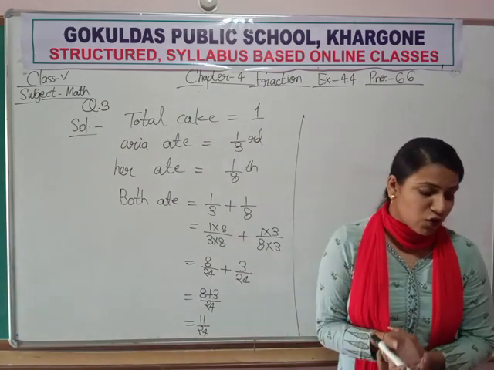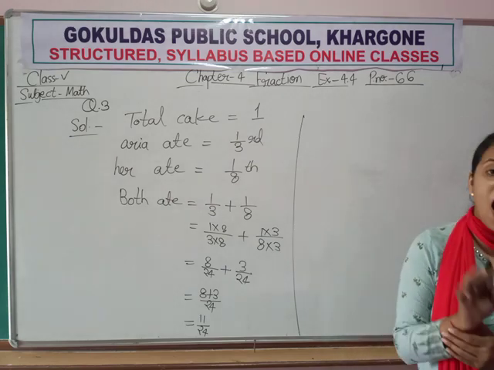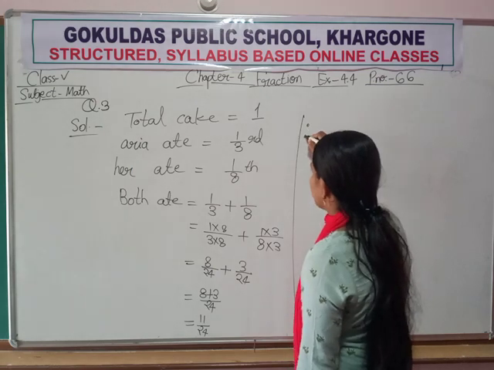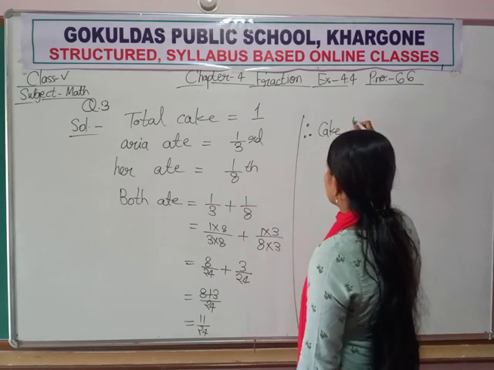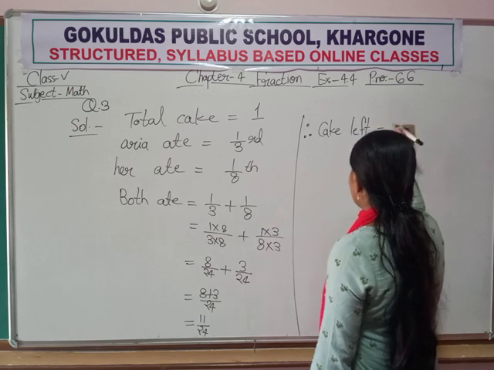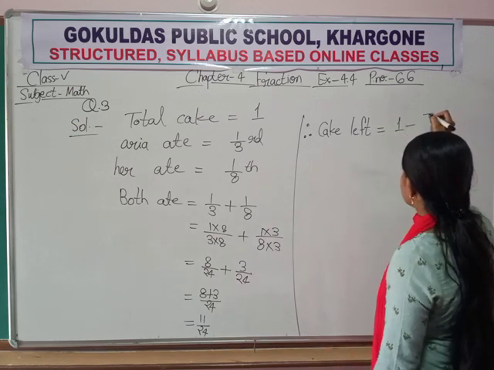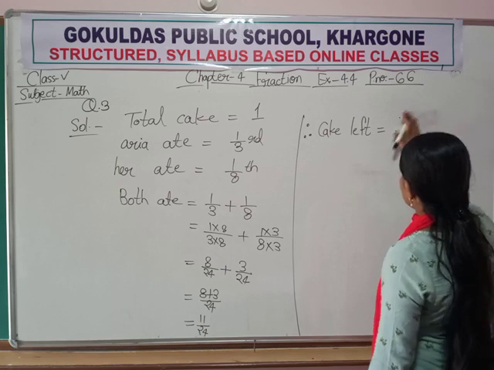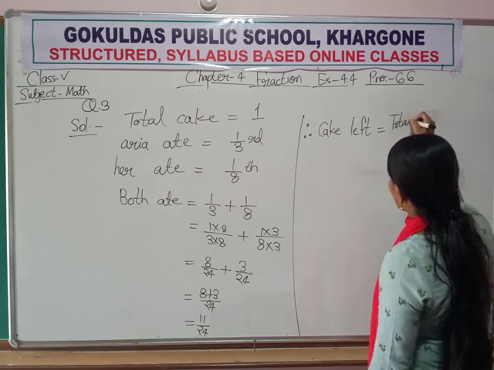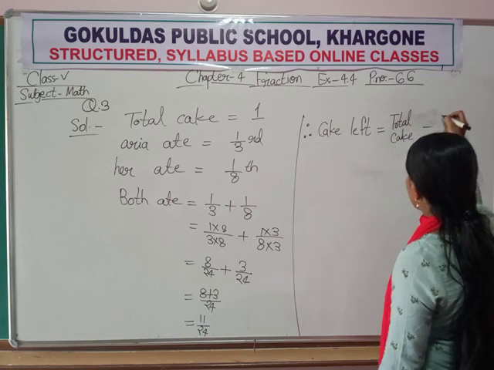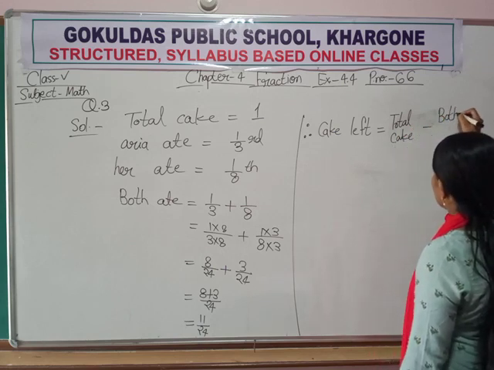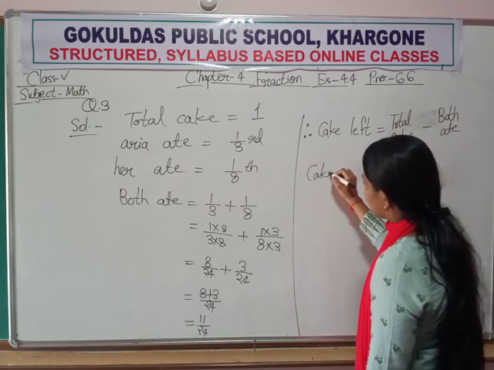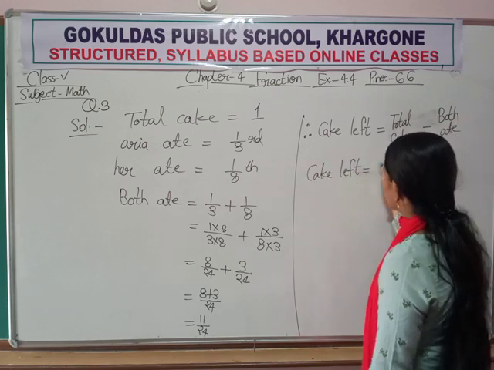Now what we actually want to find is how much cake is left. Therefore cake left is equal to total cake minus what both ate.